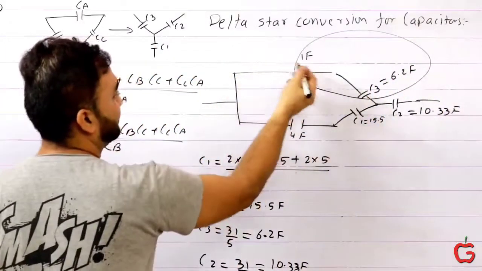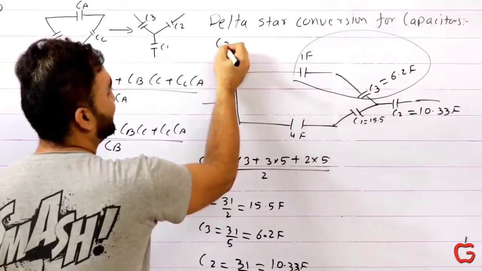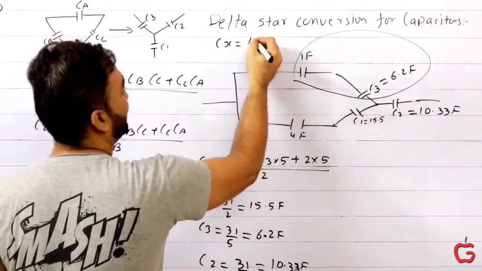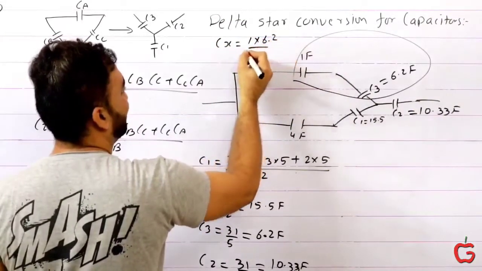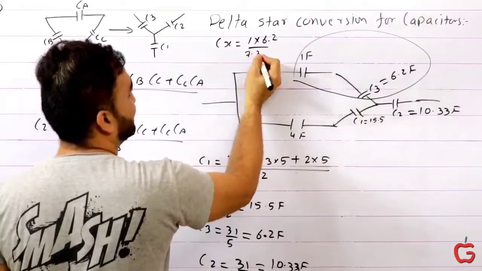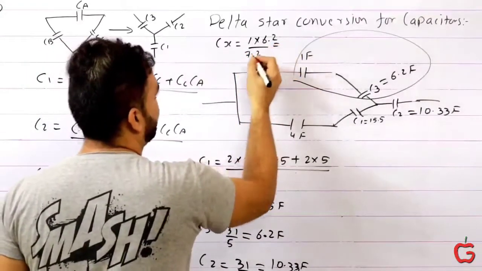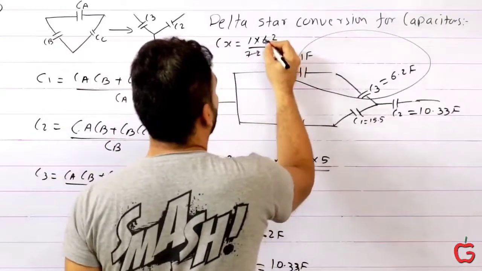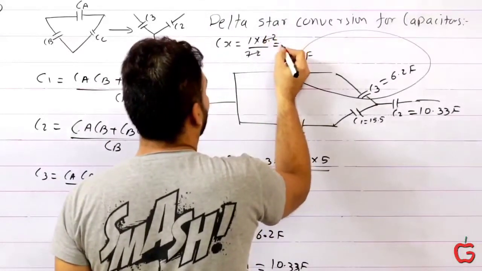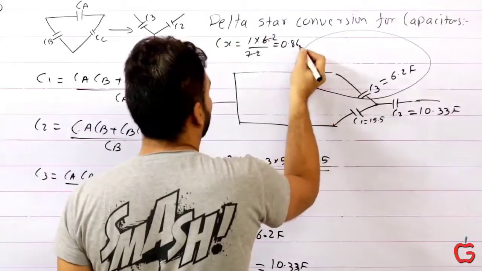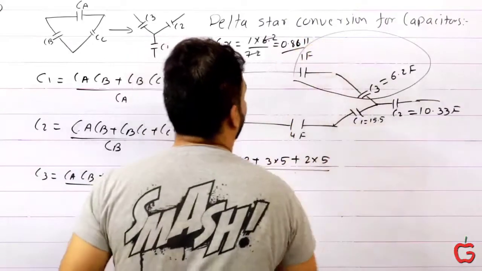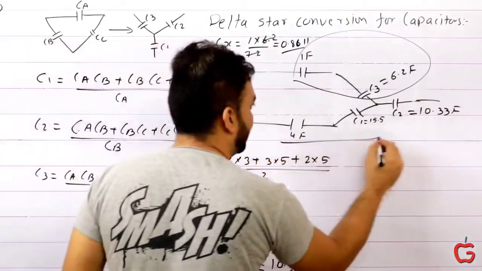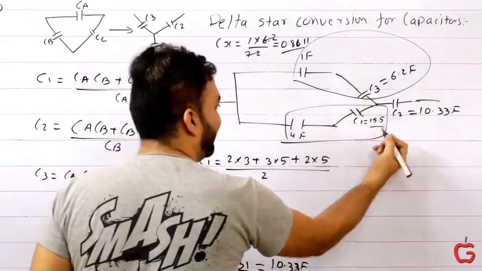Let's write this as Cx. So Cx is 1 into 6.2 divided by 1 plus 6.2. So that is 7.2, which comes down to 0.861.